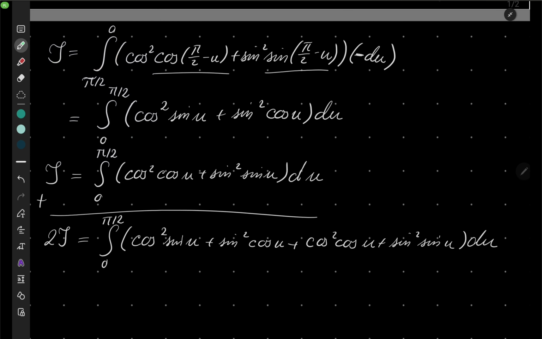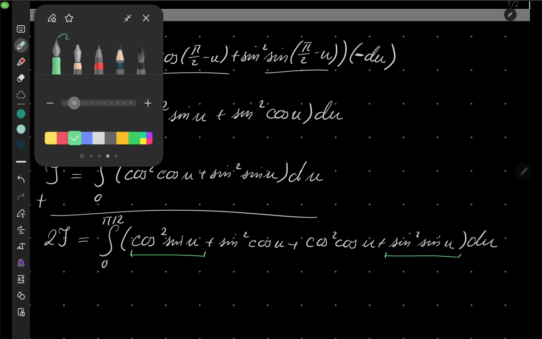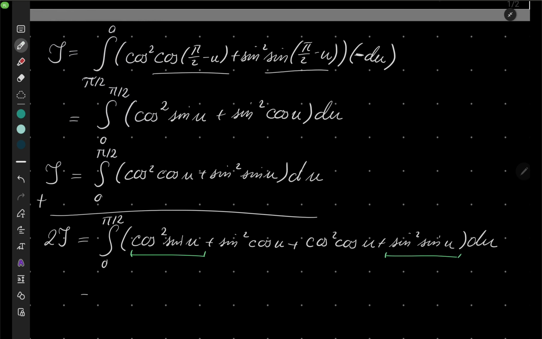What now? Now this term and also this term. Look, here we have cosine squared of something and we have sine squared of something. So we can combine these two terms by another well-known property of trigonometric functions.